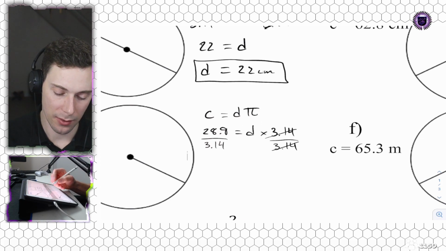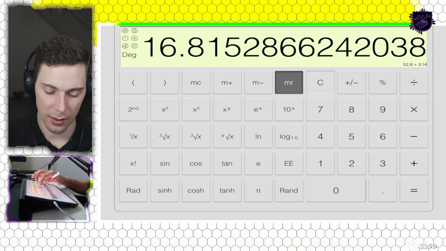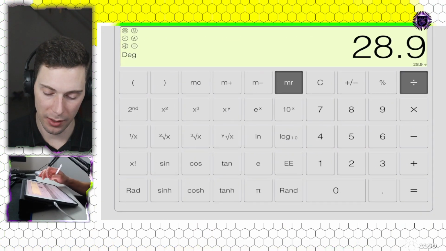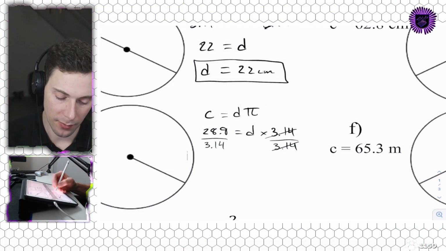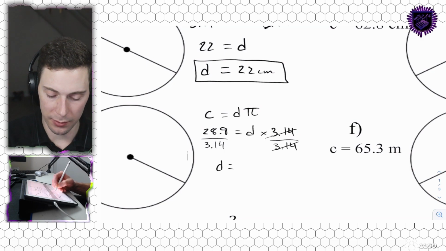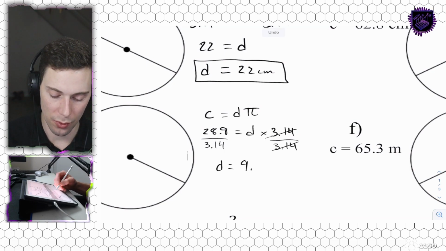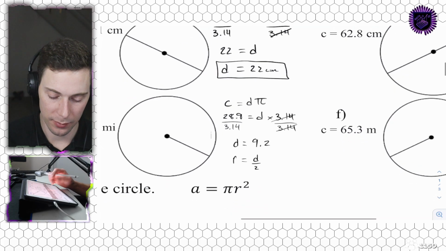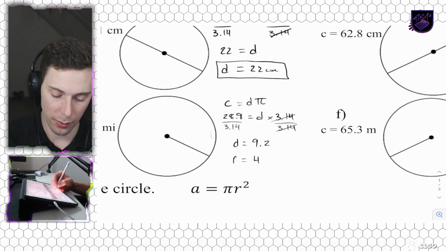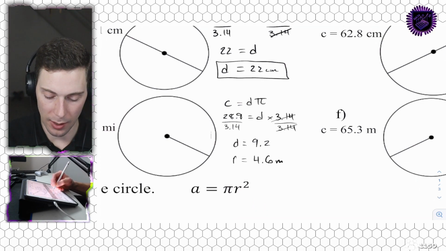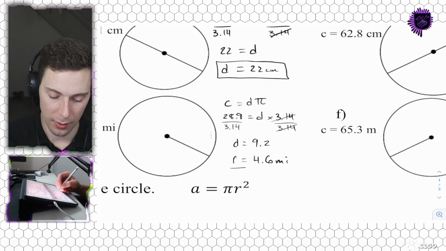And then 28.9 divided by 3.14 is 9.2. So our diameter will equal 9.2, which means our radius, which is equal to diameter divided by 2, is going to be 4.6. Radius will equal 4.6 miles. That's our radius.